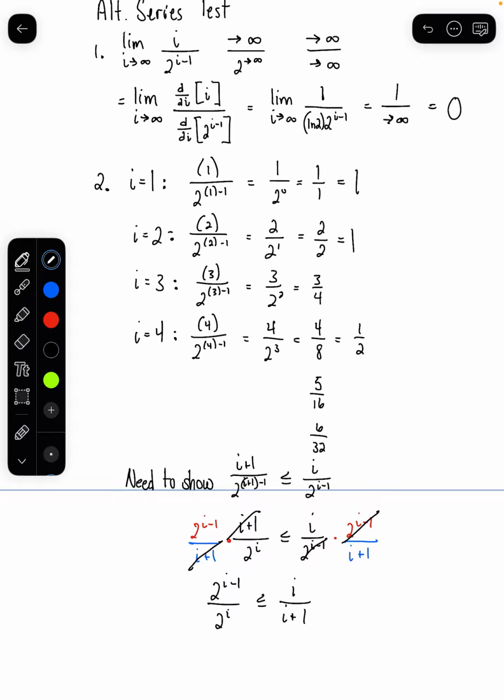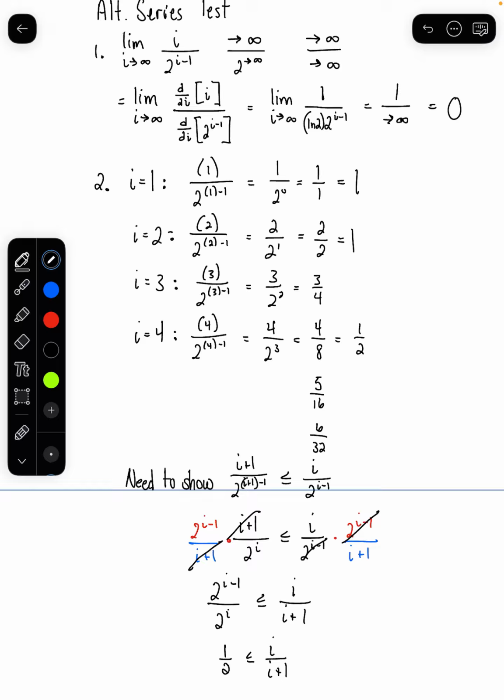A bit of a simplification here on the left side. The denominator is always going to have exactly one more factor of 2 than the top does. So that simplifies to 1/2. Now, this actually does hold true for all values of I. When I is 1, the right side becomes 1 over 2.